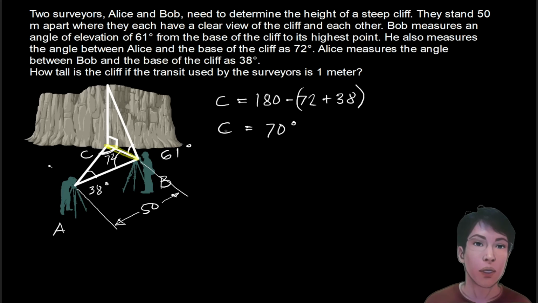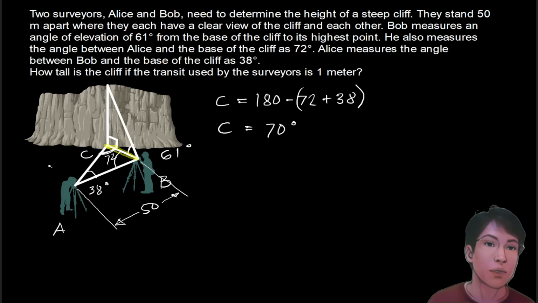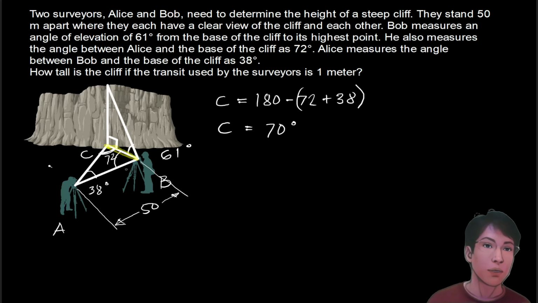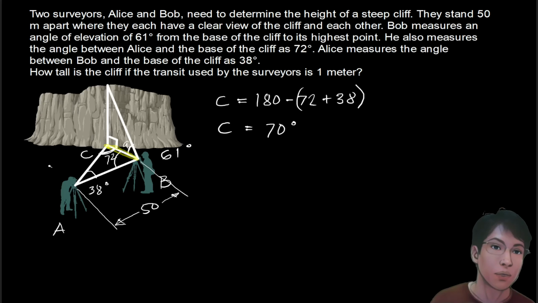So knowing angle C, we can now solve for this side. Let me designate this as side A, the yellow part.